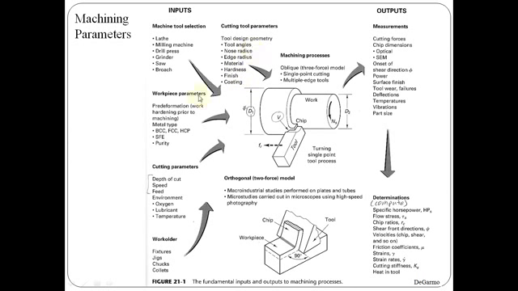Similarly, the workpiece has material properties, and its nature will affect the machining process. The machining process may be single point cutting or multi-edge tool cutting, and in the case of a lathe, it is a single point cutting tool.